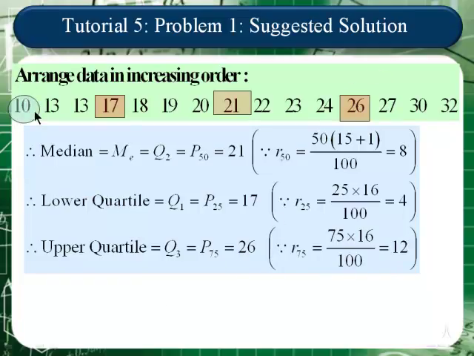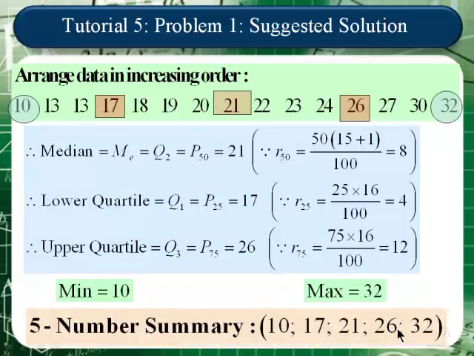Clearly the minimum value is 10, and the maximum value 32. Remember, the minimum value is percentile 0 and the maximum is percentile 100. And there we have now our 5-number summary, which is important information that we will need before we can sketch the box and whisker plot.